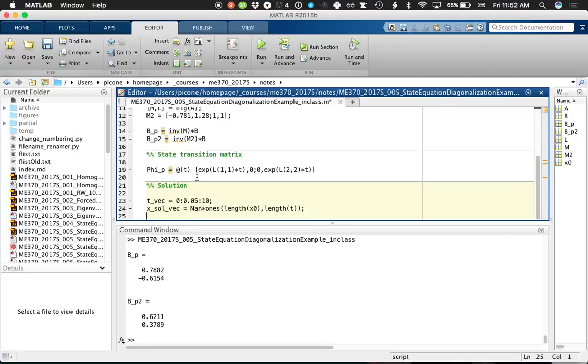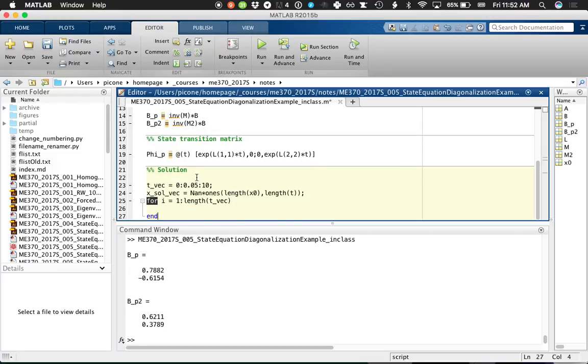And then I'm going to do a for loop. So for i equals 1 to the length of the time vector. For each value of time, I'm going to evaluate the solution. So x solution value, both rows and the ith column, is going to be equal to m times phi p of t.